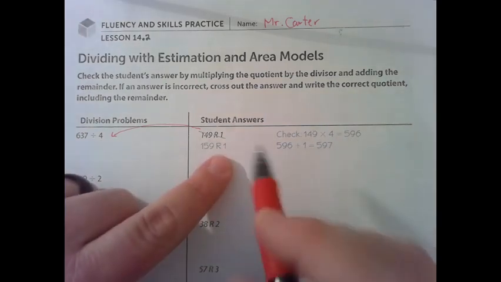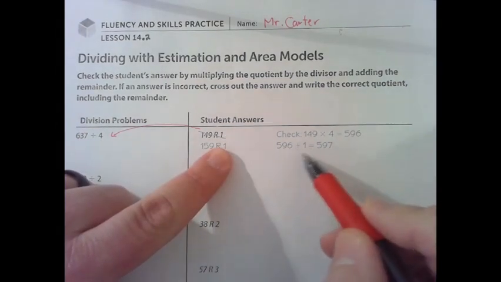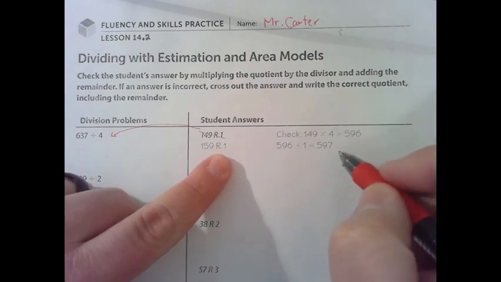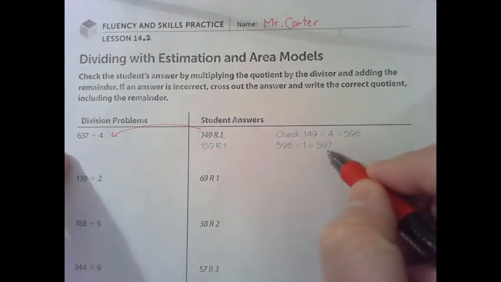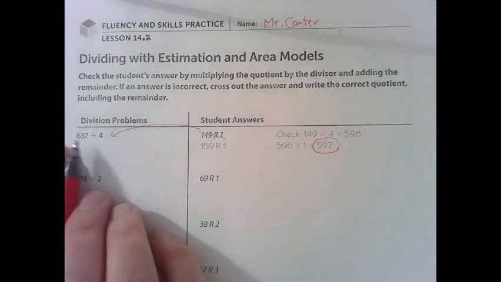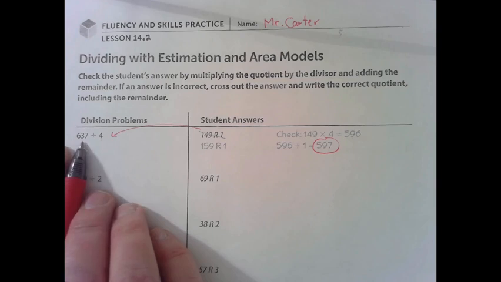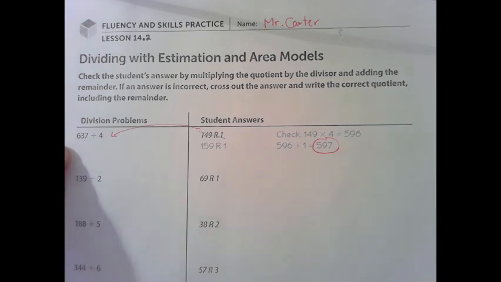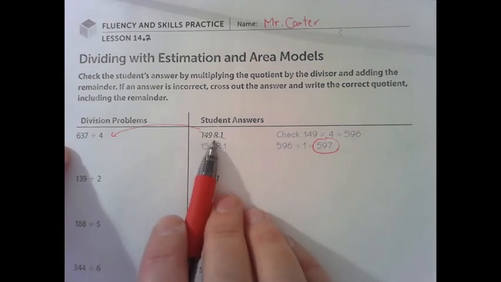But now you can't forget this one remainder. So that's why they went plus 1. So the answer, when you checked it, was 597. That does not match our dividend here. So that means this answer, 149 remainder 1, is wrong.